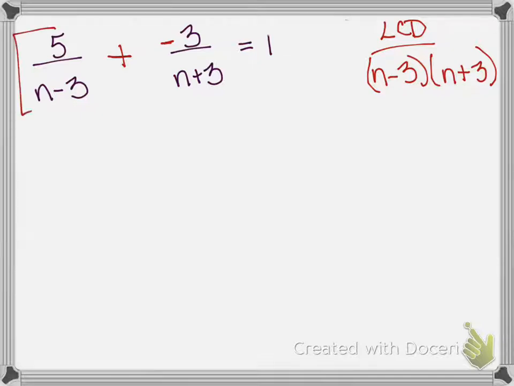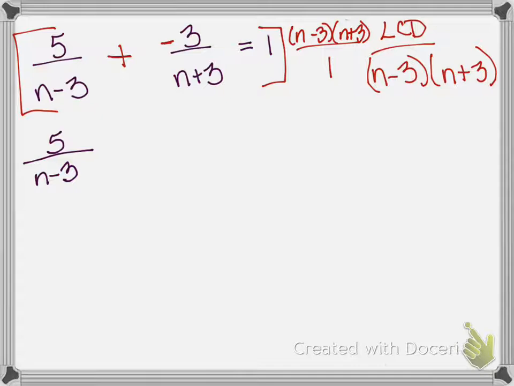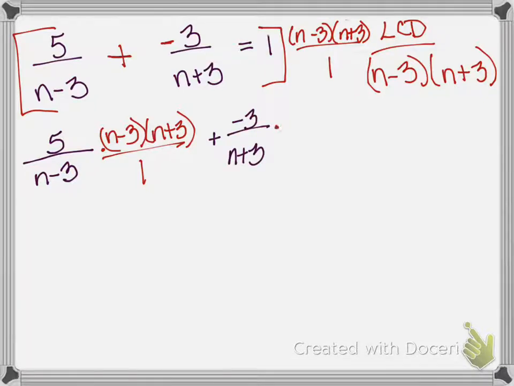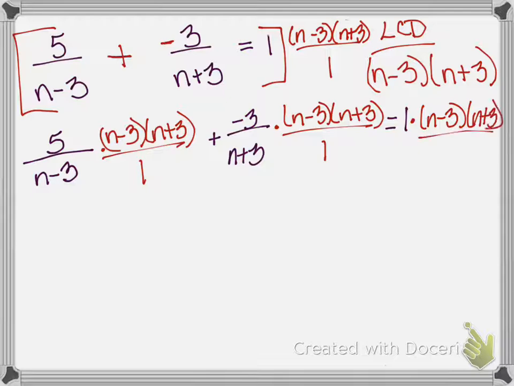Okay? So now I am going to multiply everything times n minus 3, n plus 3. 5 over n minus 3 times n minus 3, n plus 3 over 1, plus negative 3 over n plus 3 times n minus 3 times n plus 3 over 1, equals 1 times n minus 3, n plus 3 over 1.